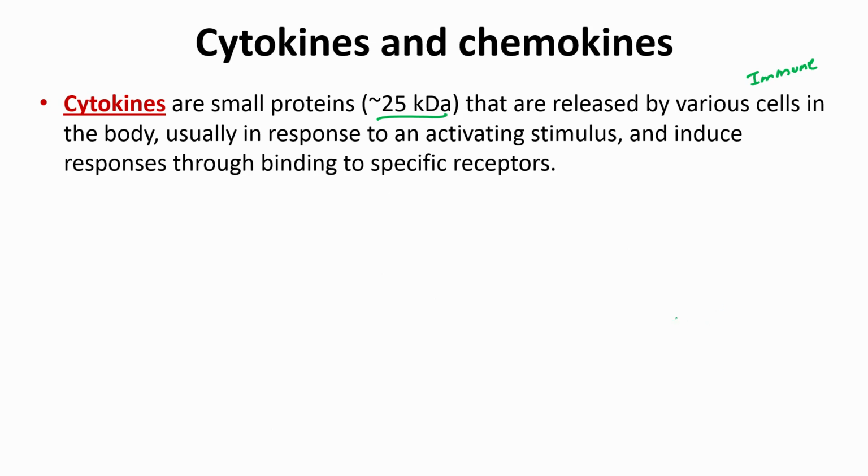Lots of cells have receptors for these cytokines, and they bind to that receptor, which then signals the cell to either get activated, to start migration, or to start causing vessel dilation. All of this is controlled by these cytokines, and there are several classes of them.